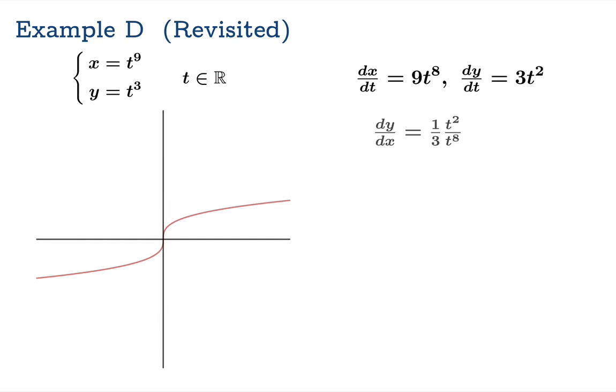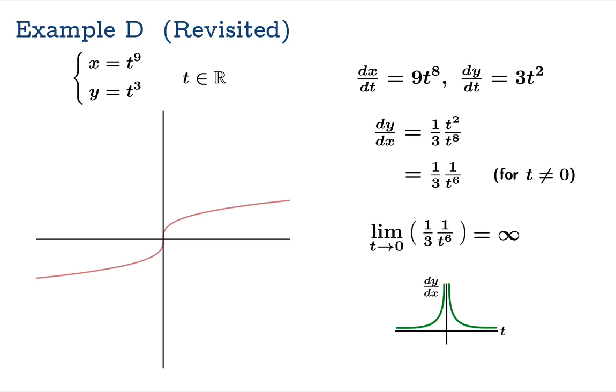When we had this expression for dy/dx, we were careful not to cancel out t's, but of course you could cancel out the t's, and that formula would still be good for all t other than 0. So dy/dx has this nice simplified formula everywhere except for 0, and then we can imagine the form that this function takes, and we can see that as t approaches 0, the limiting value of this expression is infinity.